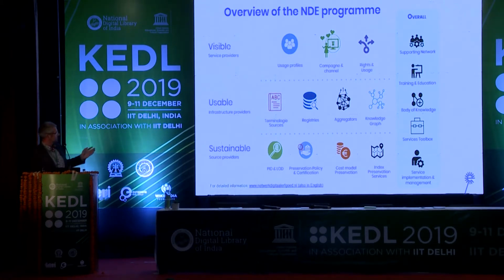that is outlined in really a lot of projects, and it's divided through projects that are facing the visibility of heritage information, the usability of heritage information, and the sustainability of heritage information.